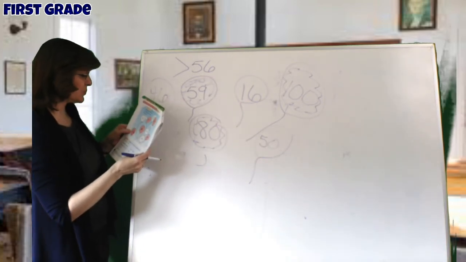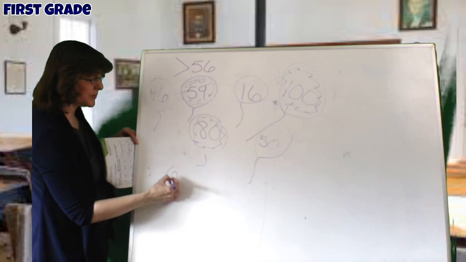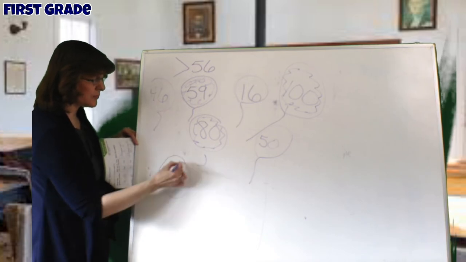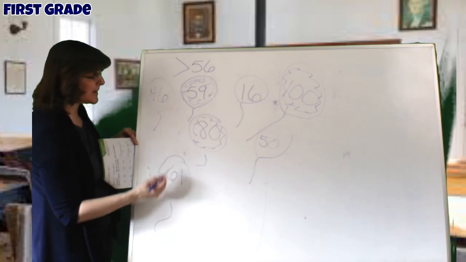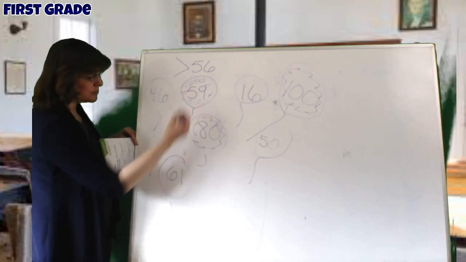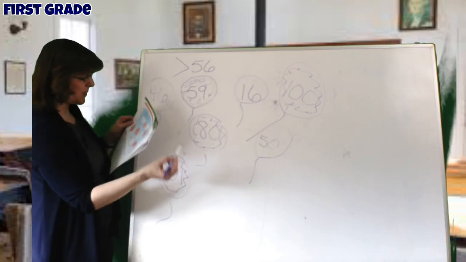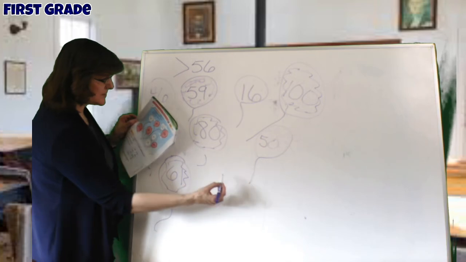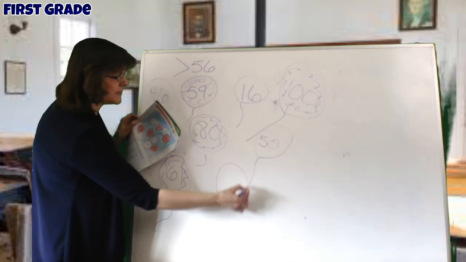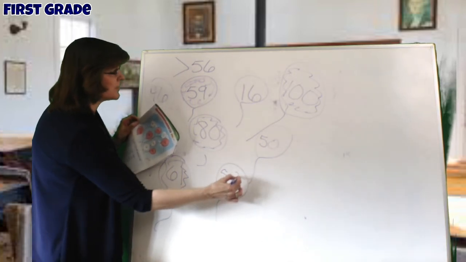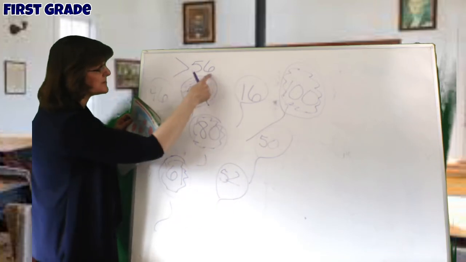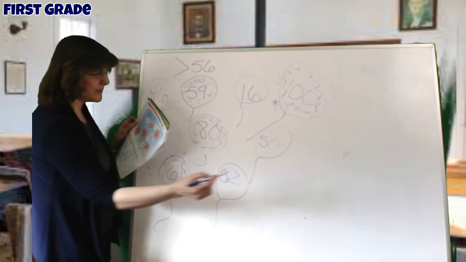Over here it says 1 one and 6 tens, which would actually be 61. Look at the tens, it's greater, color the 61. There is also a 52 down here. We can't decide by the tens place, so we look at the ones, that's less, don't color that one.